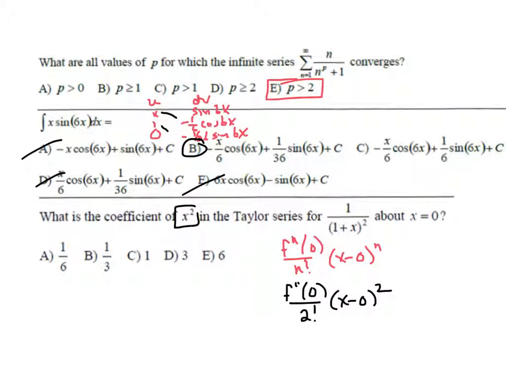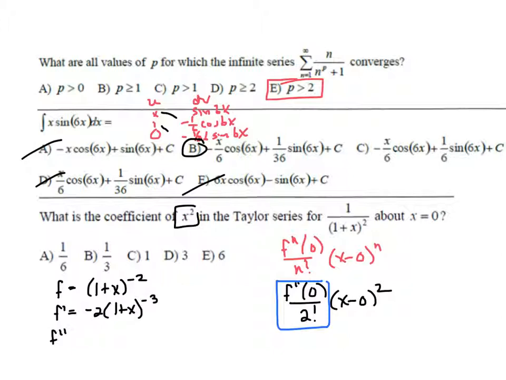So this coefficient is what we're looking for. Well, we know 2 factorial is 2, so what we essentially need here is just the second derivative. So if f is 1 plus x squared to the negative first, f prime would be negative 2 times 1 plus x to the negative third, and f double prime would be 6 times 1 plus x to the negative fourth.